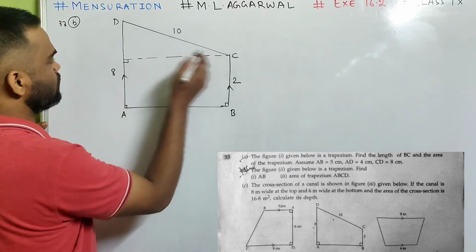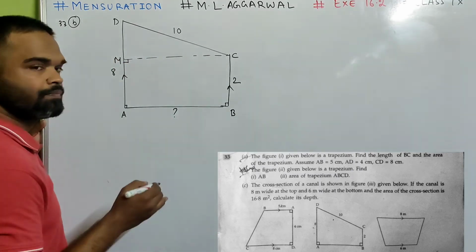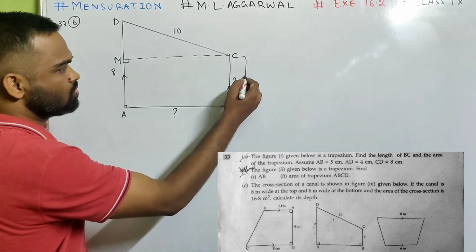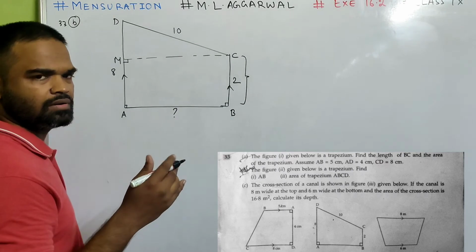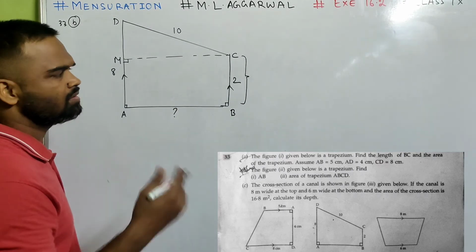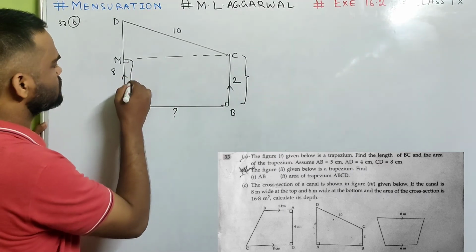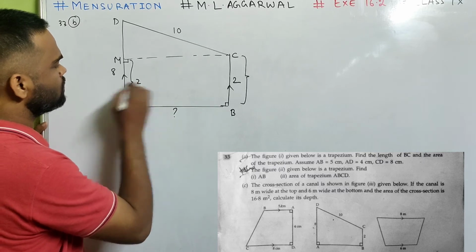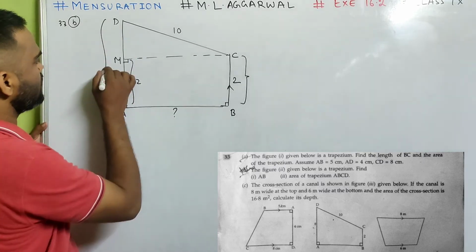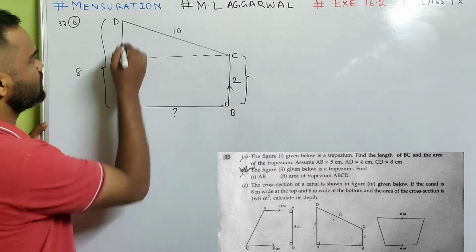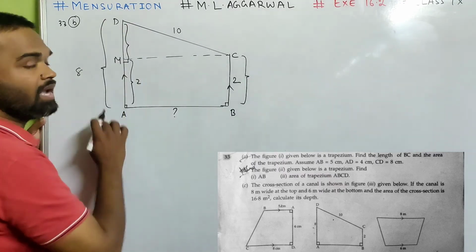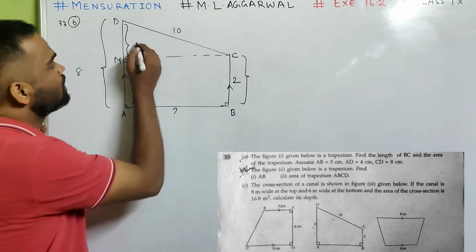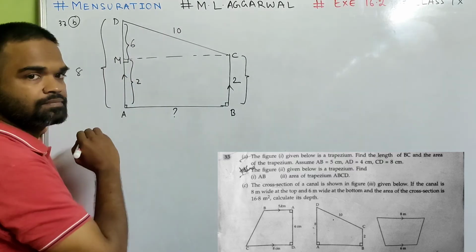Suppose this is CM. Then if this is 2 unit, they've not given the unit, centimeter or meter, so I'm taking 2 unit. So this will also be 2. This entire thing was given as 8. So DM will be 8 minus 2. That is how much? 6.